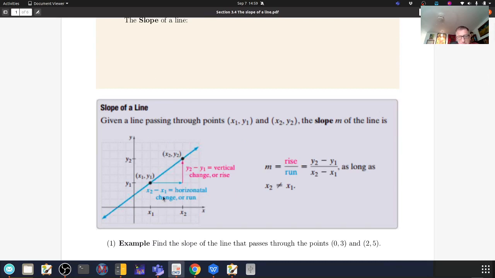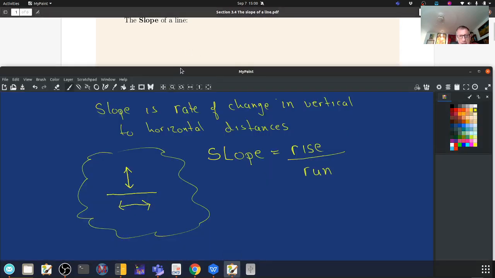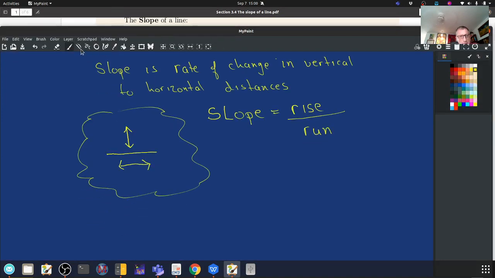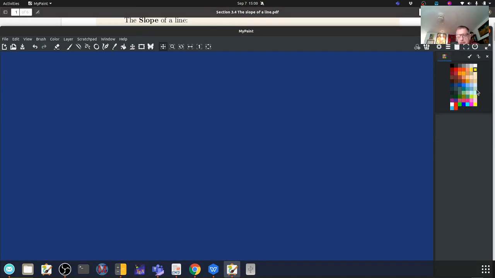So I'm going to just draw another picture for you rather than you thinking, oh, YouTube is blurry, and we'll calculate how to find the slope of a line if we find 2 points on the line. So let's just do that down here. So I'm going to go ahead and draw.